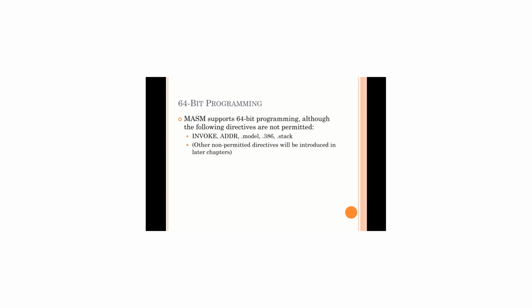Because each word has 2 bytes, you divide that by 2. For double word, you're going to divide that by 4. So that's how you calculate array sizes. Okay.